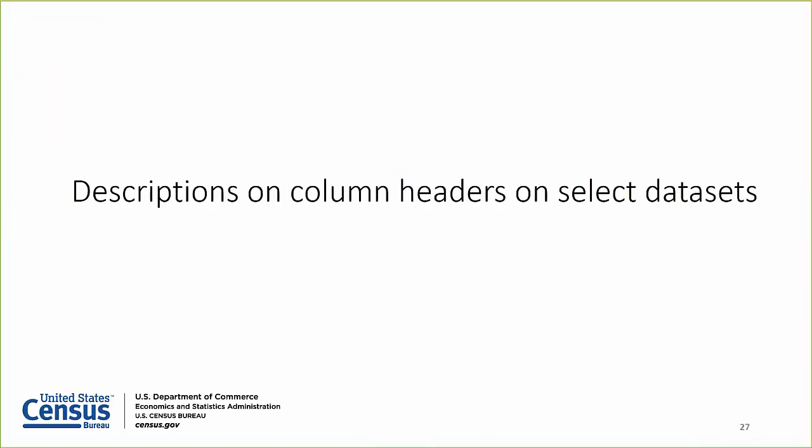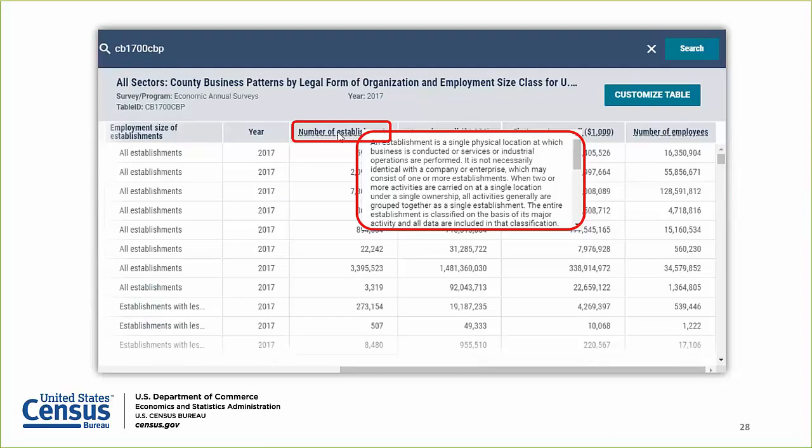All right, and then the final thing that we wanted to give you an update on was the description of the column headers on select data sets. Some of our surveys and programs have detailed descriptions to inform the data user about what exactly that header or that information means.